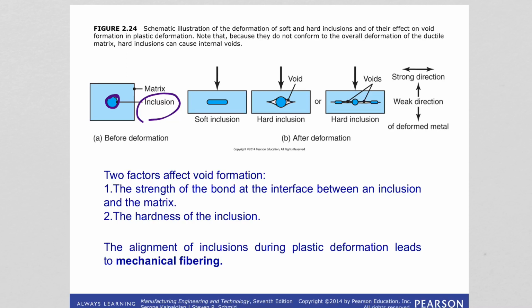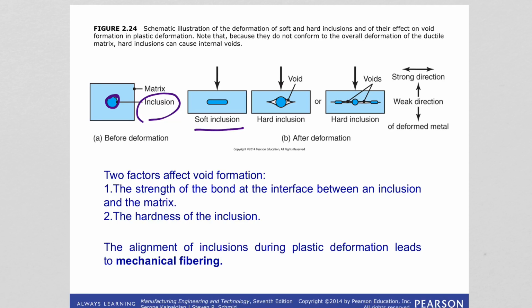And of course, hardness of the inclusion is very effective. If it's a soft inclusion, manganese sulfide is a soft inclusion, for example, it will conform to the overall shape during the plastic deformation. If it's a hard inclusion, however, such as carbides and oxides, it's like a ceramic material, right?